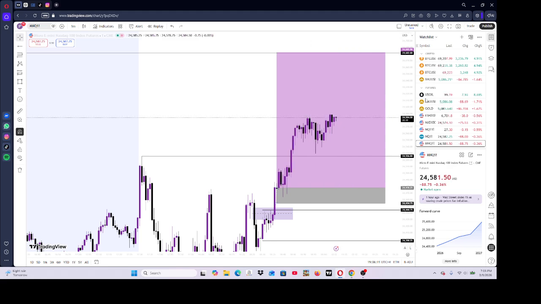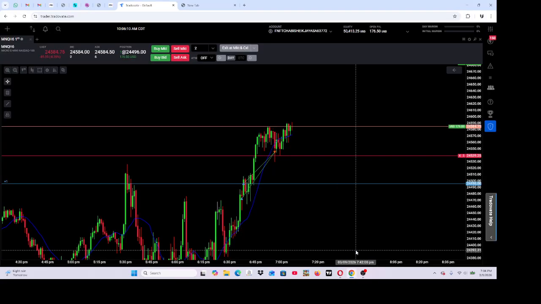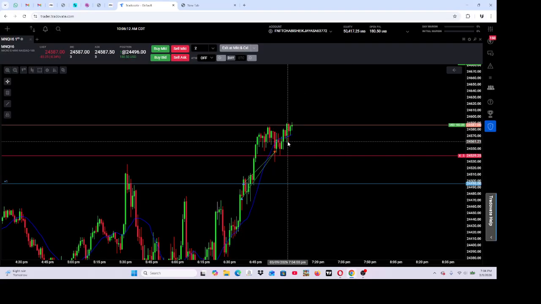We already closed above this. It has potential. Make a huge wick. I literally want to move my stop loss underneath these lows. What are you guys saying? I mean here.